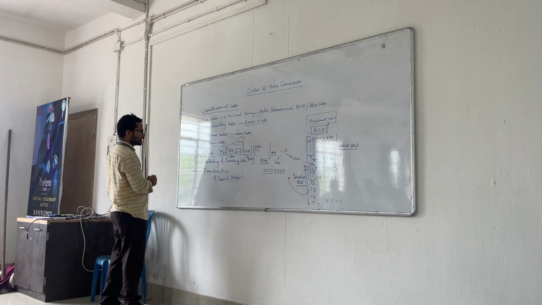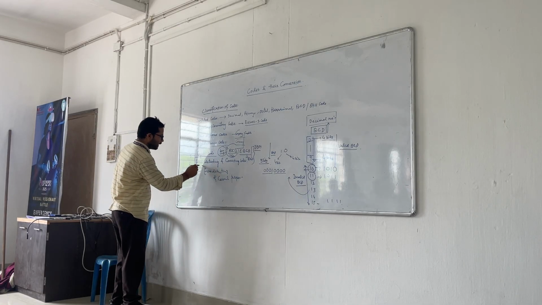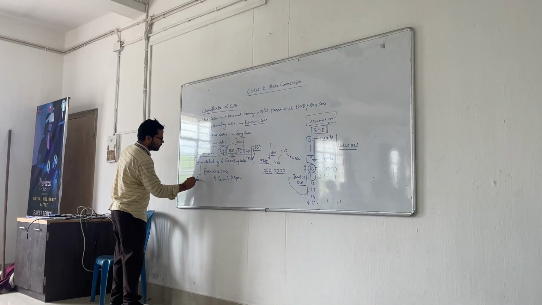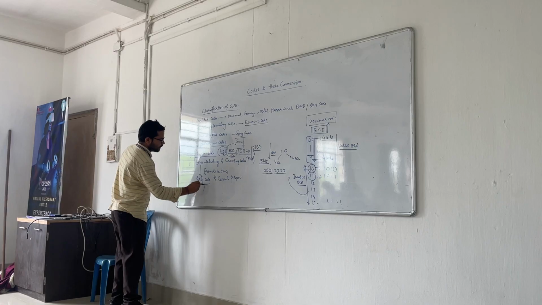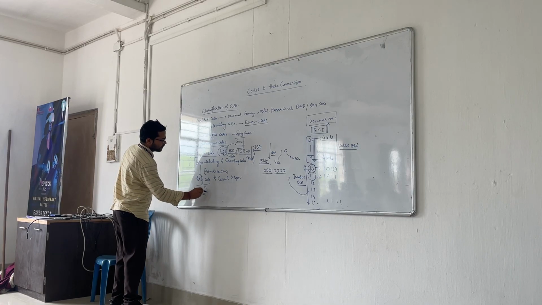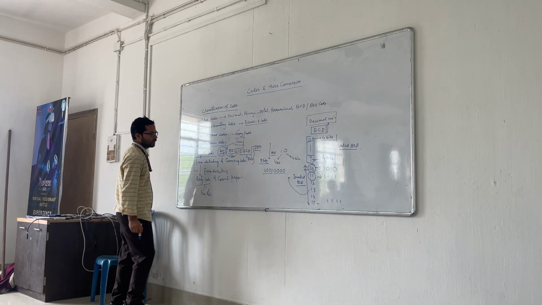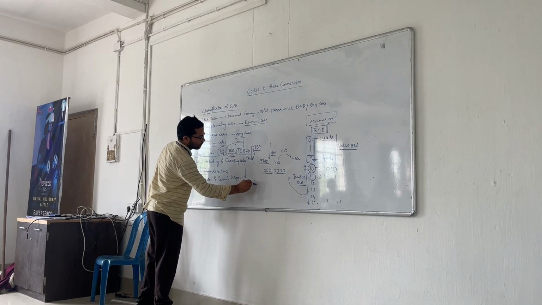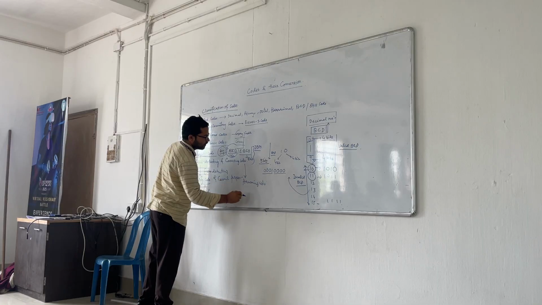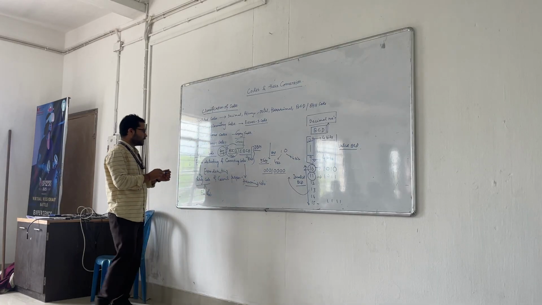So one example, error detecting: parity, like even parity, odd parity, and correcting: Hamming code, right?